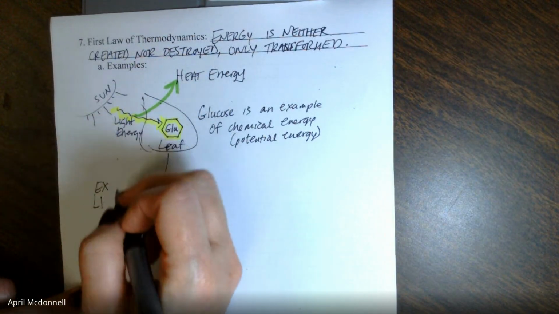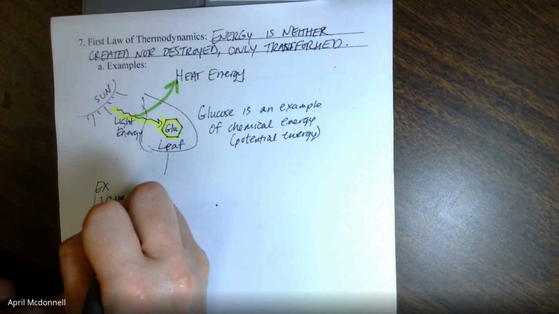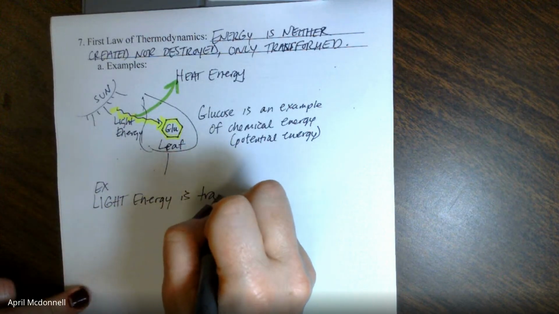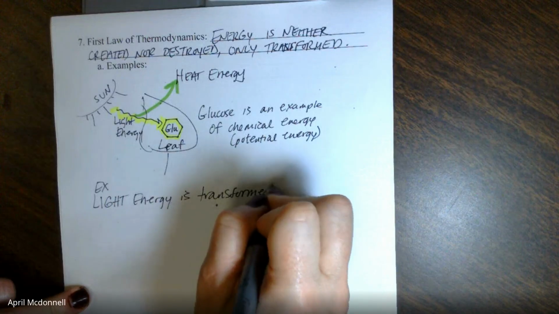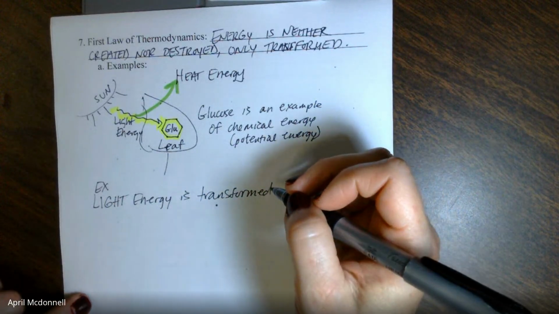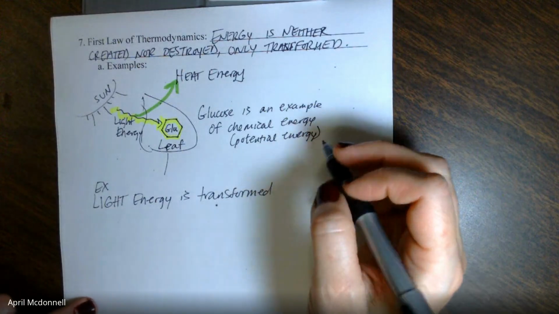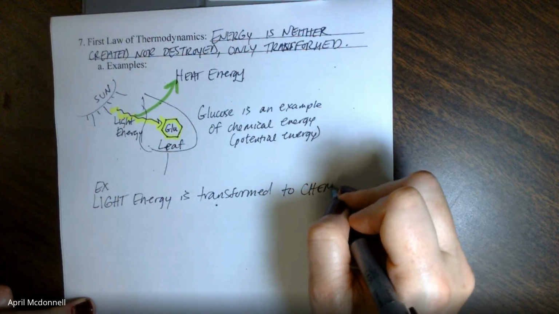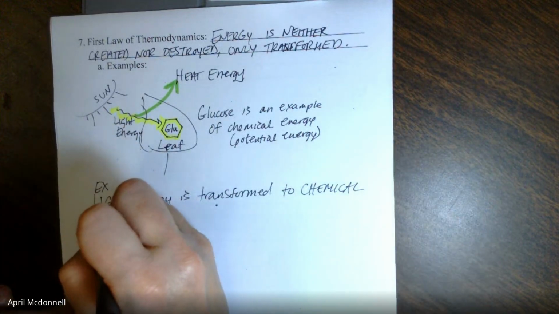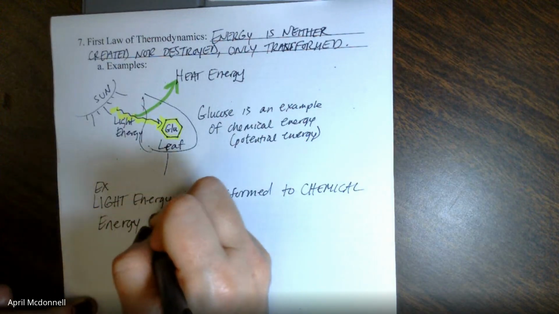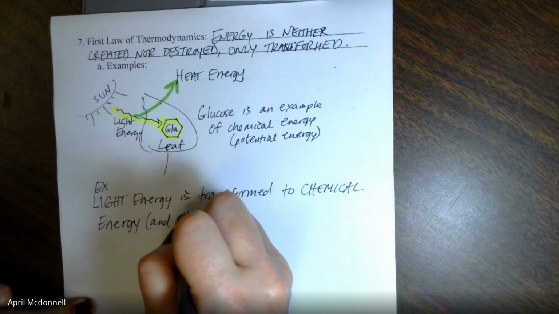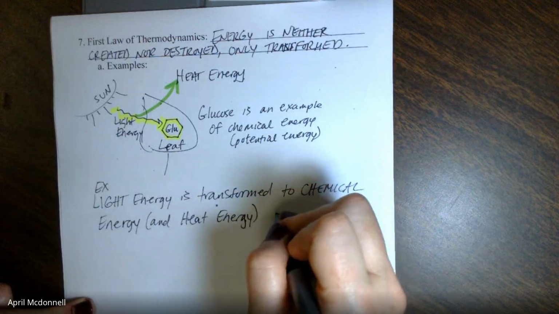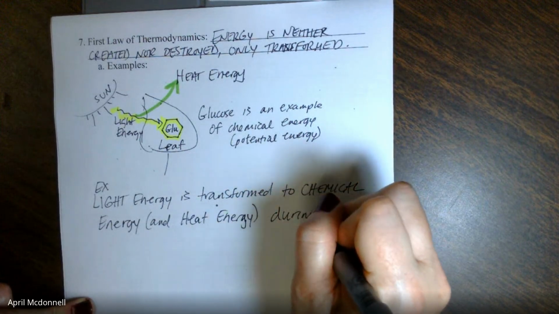So our example basically is saying light energy is transformed into chemical energy during the photosynthetic reactions.